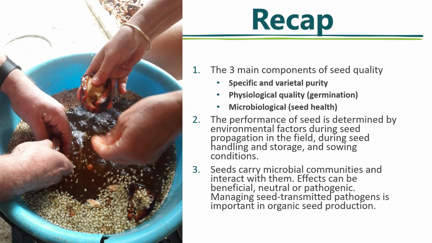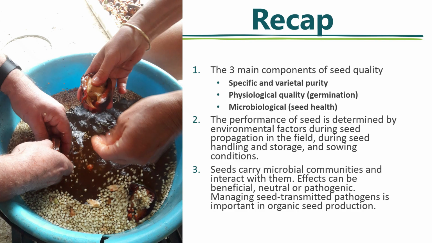To wrap up this video, let's summarize some of the key take-home messages. Firstly, let me remind you that the three main components of seed quality are specific and varietal purity, physiological quality, which affects germination, and microbiological quality that affects seed health.